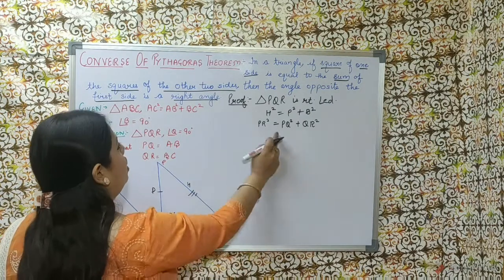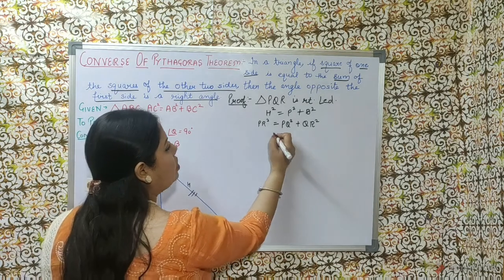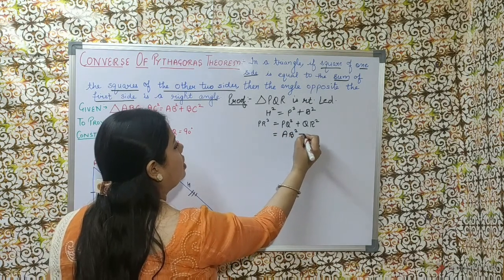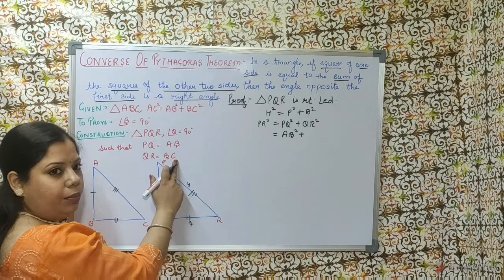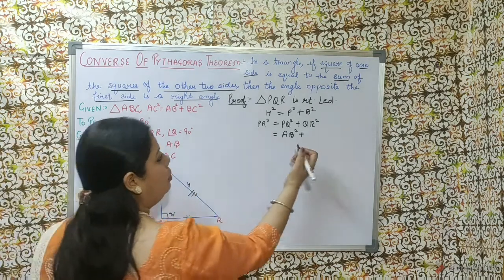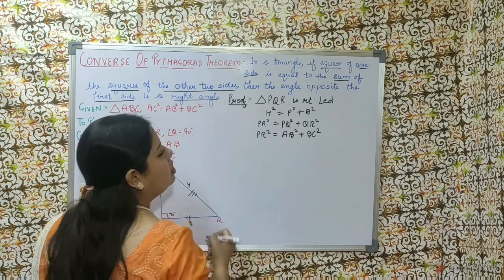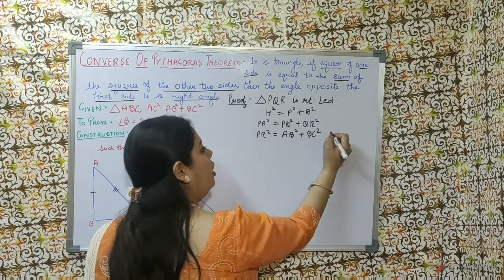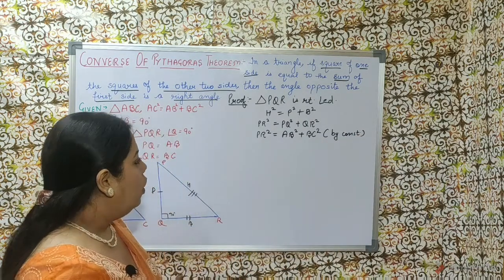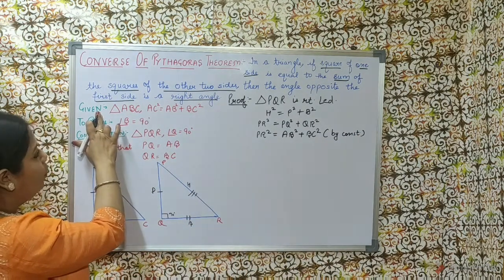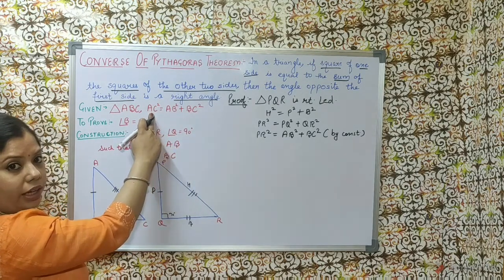We see here PQ I have written equal to AB, so PQ square will be equal to AB square. Similarly, in my construction I have written QR is equal to BC, so QR square will be equal to BC square. So PR square is equal to AB square plus BC square, by construction. Now if I see what is given to me, AB square plus BC square is equal to AC square.